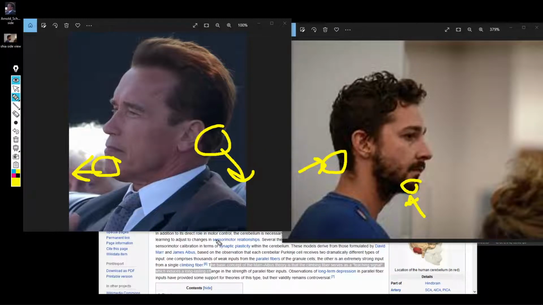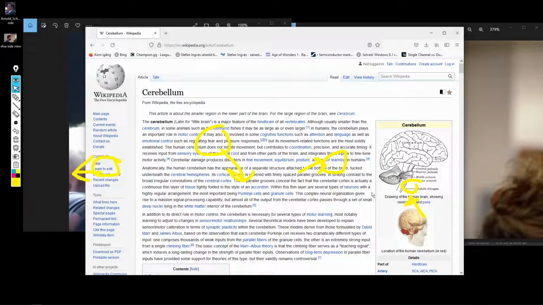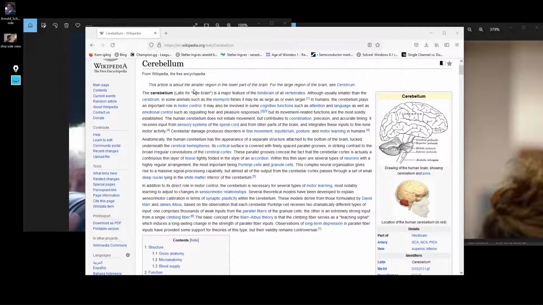The reason why, we can look at the Wikipedia article if we want to have some introduction. The cerebellum is Latin for the little brain.